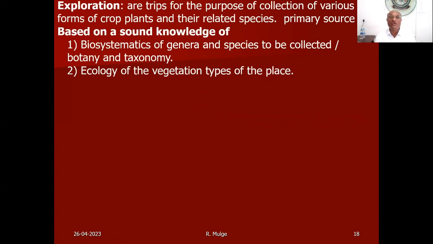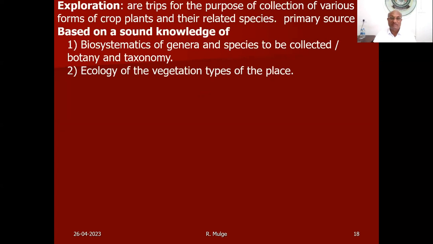That means before you go for exploration, the team, at least one member, should have the idea about this. Biosystematics of genera and species to be collected, botany, taxonomy, everything. What are the related types, when they are going to flower, what kind of variability is there, the idea should be there.